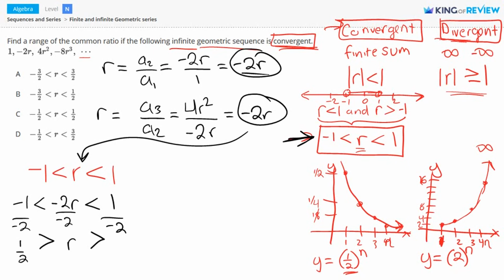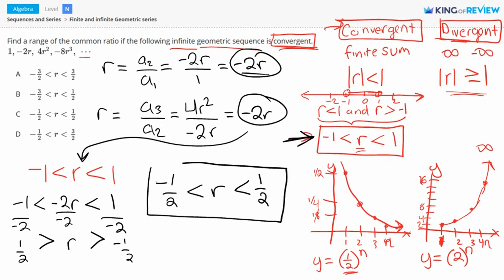And 1 divided by negative 2 is negative 1/2. So we have 1/2 is greater than r, and r is greater than negative 1/2. And this can be written as negative 1/2 is less than r, and r is less than 1/2. And here's our answer. Letter C is correct.